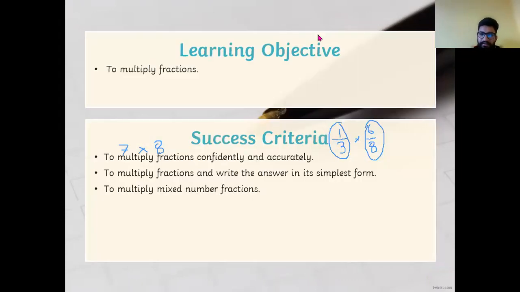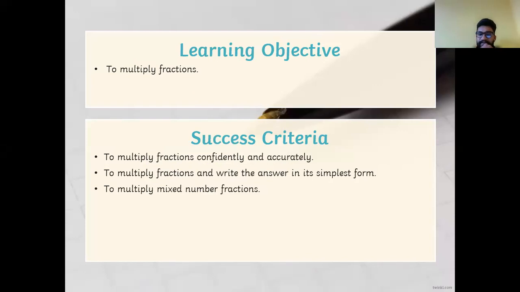So look at here, what we are going to learn today. Our main objective is to learn how to multiply fractions. After attending this class, you will learn how to multiply fractions confidently and accurately, and how to write the answer in its simplest form.